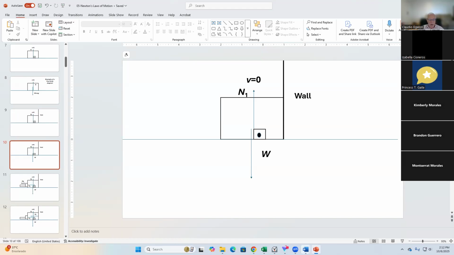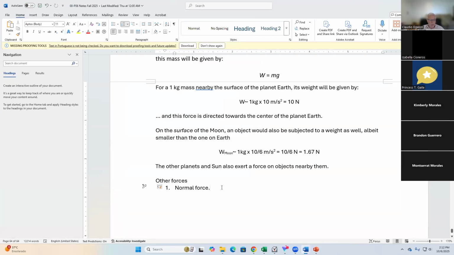So let's write that down, all of that. Normal force: perpendicular to the tangent to a surface.